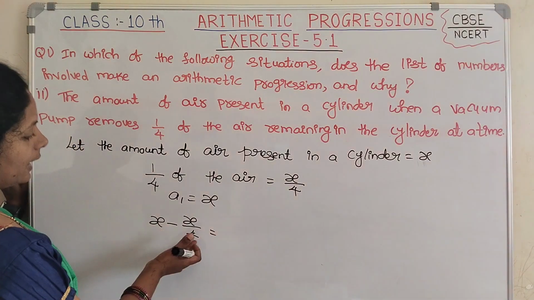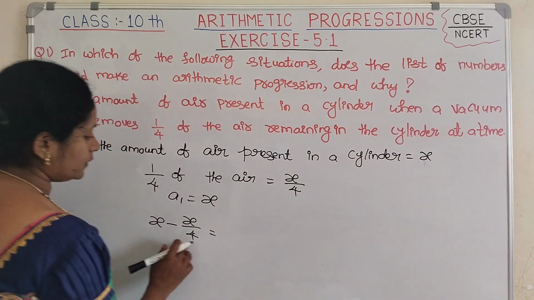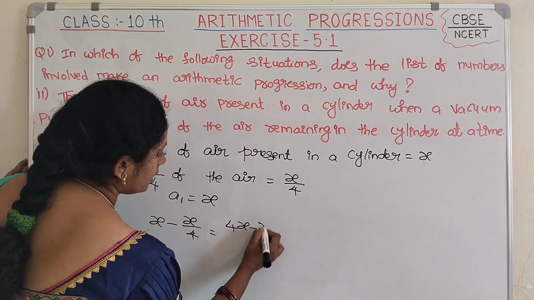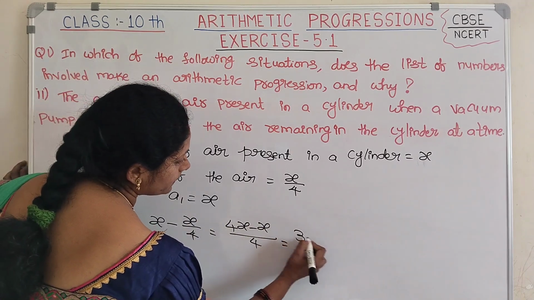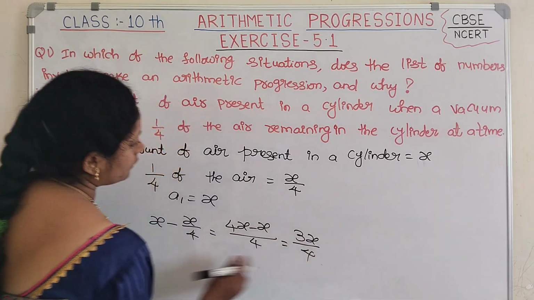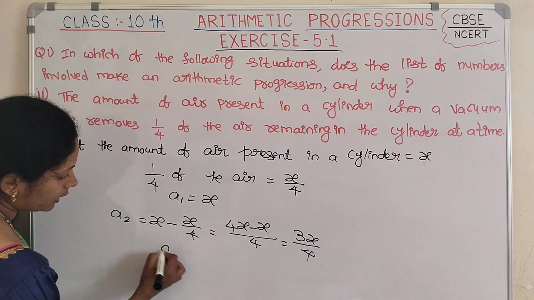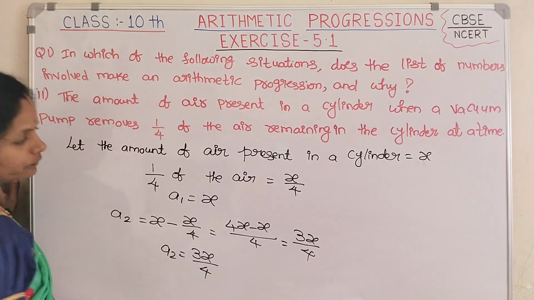When the air is removed, 1/4 of the x. So it is (4x minus x) divided by 4, which is 3x by 4. This is nothing but the a2. Therefore, a2 is equal to 3x by 4.